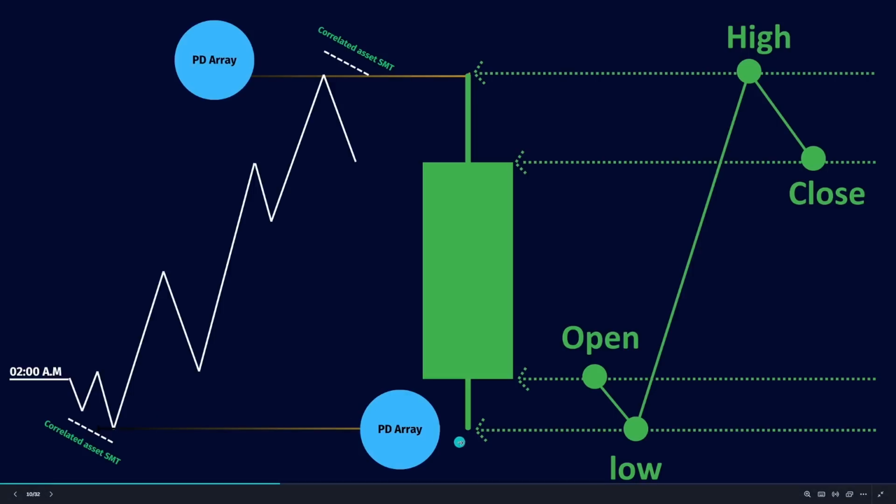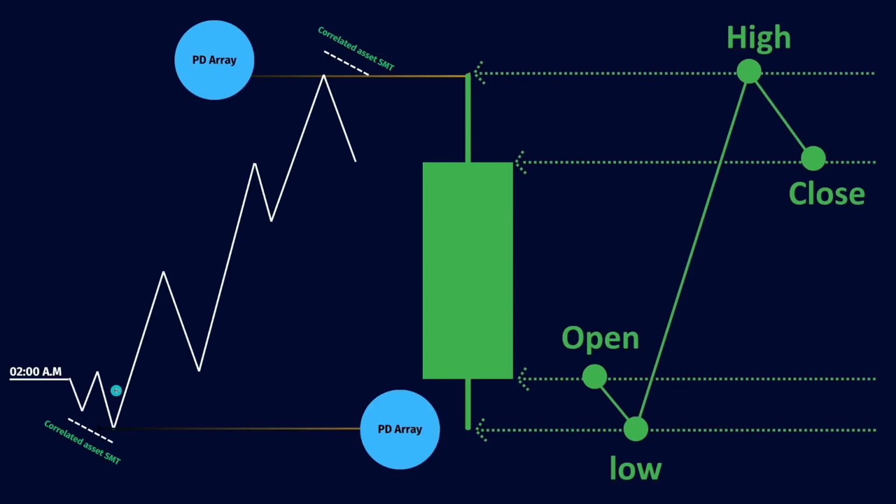So here you have time and price moving in this manipulation phase, looking for one higher time frame PD array, the same time frame or higher, and at the same time for confirmations of this week low, you can find one SMT, smart money tool, one cross correlation with one market in correlation, positive or negative. In this case, positive correlation.